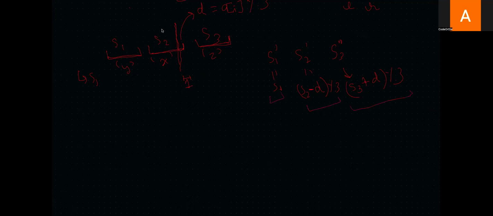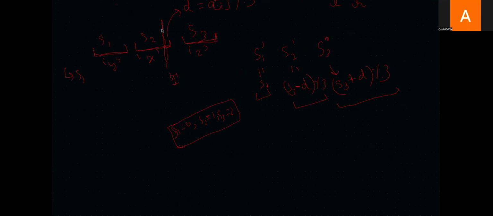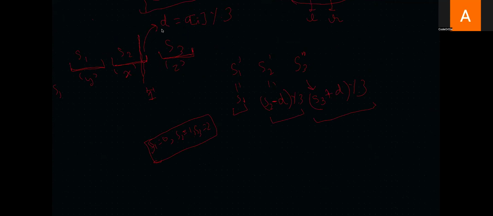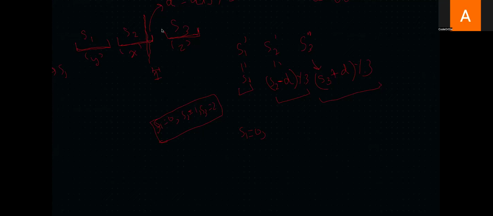Let's say that S1, S2, S3 were distinct, like they were not equal. S1 was 0, S2 was maybe 1, S3 was 2. Let's say these were the values. So S1 remains 0. Now we are making 3 cases: D was 0, or D was 1, or D was 2.